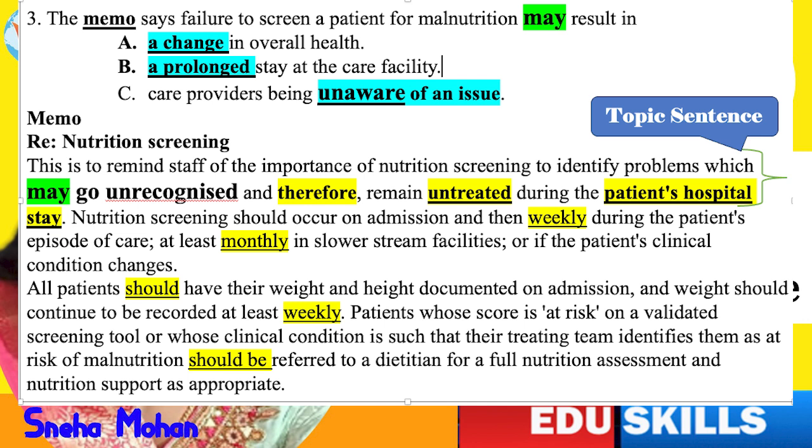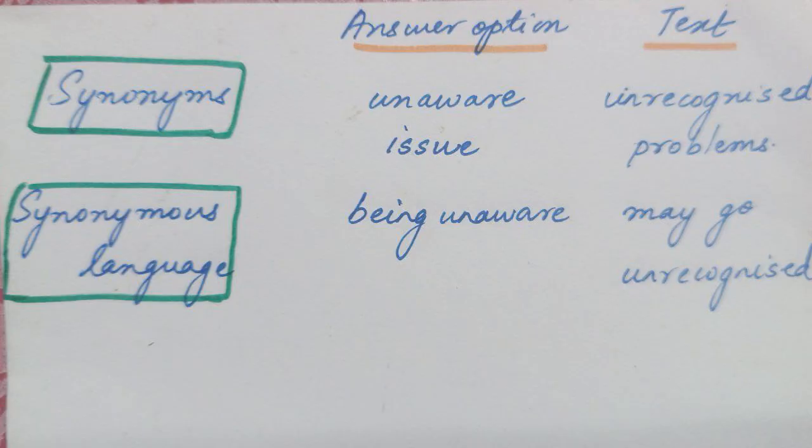Okay. So before we move on to answer option C, we will just have a look at the synonyms which have been used in the question as well as in the text. If you look at answer option C, it is mentioned unaware, and in the text it is mentioned unrecognized.